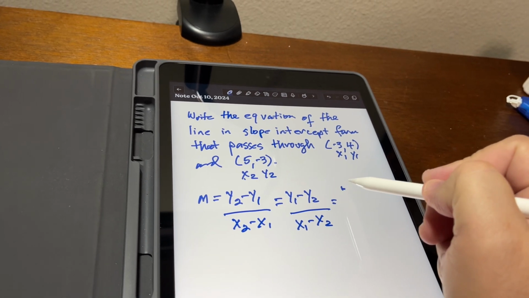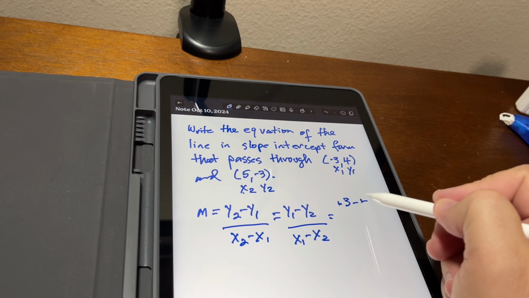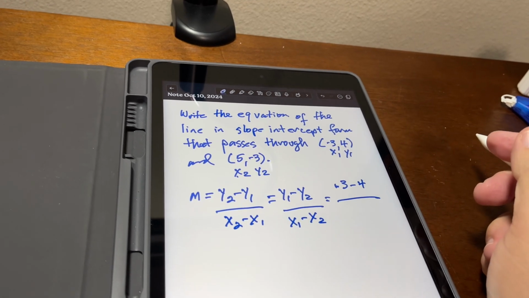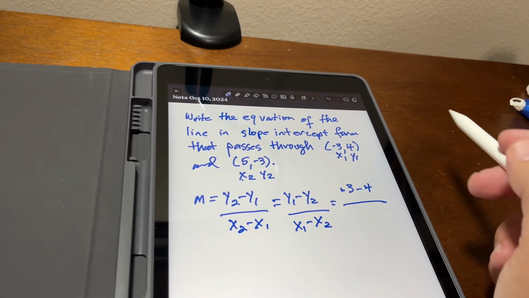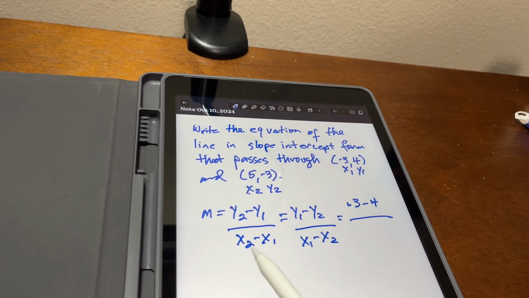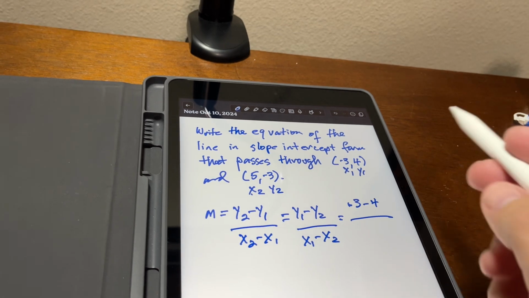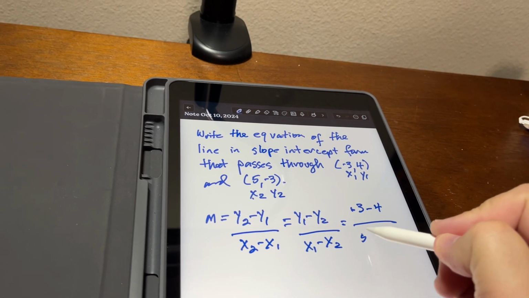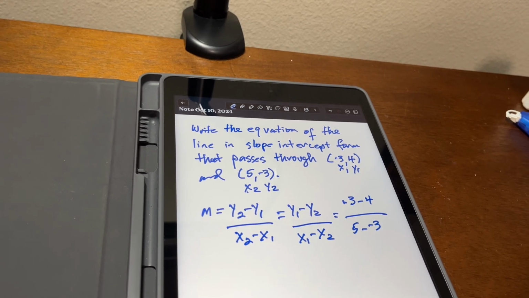So -3 minus 4 on the top. The y's do have to go on the top. So that's -3 minus 4. And now I'm going to do the x's, and I'm doing this version. So I'm going to go x2 minus x1. So that's 5 minus -3 on the bottom.